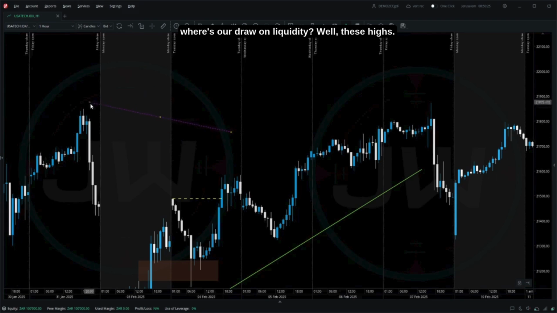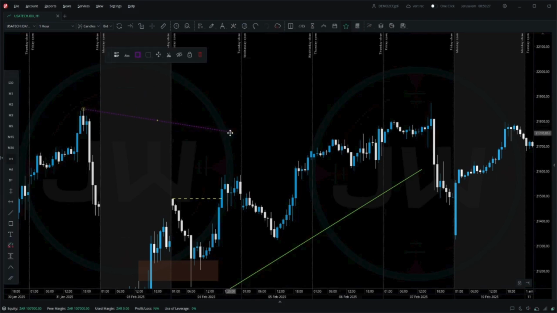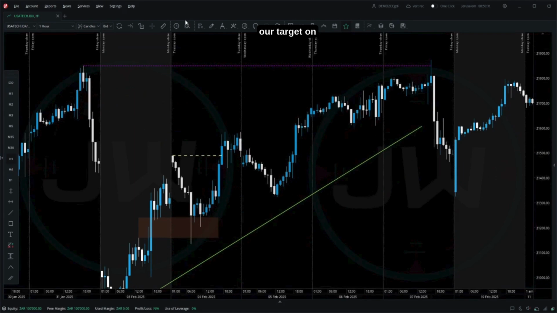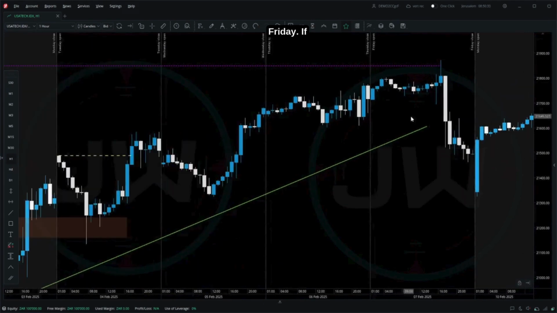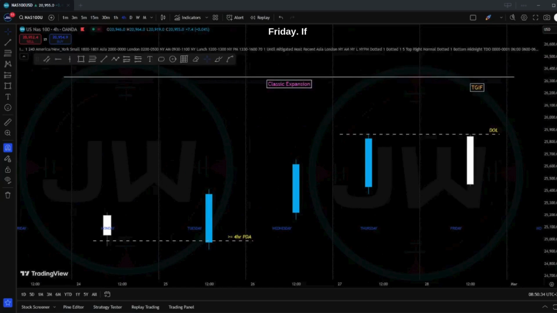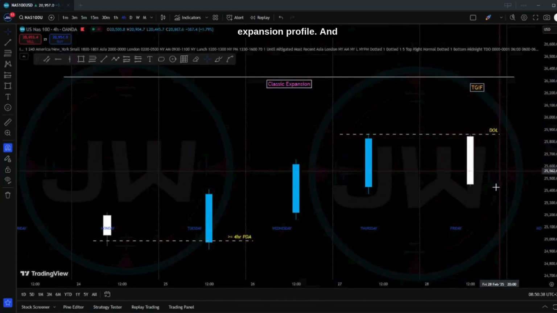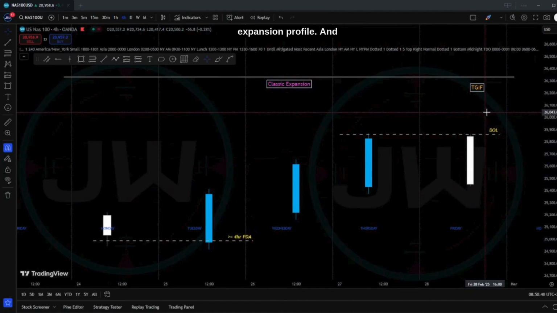And where's our draw on liquidity? Well, it was these highs. You can see price reached our target on Friday. If you look there, that lines up with our classic expansion profile.